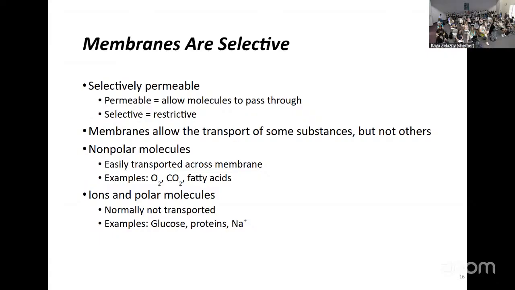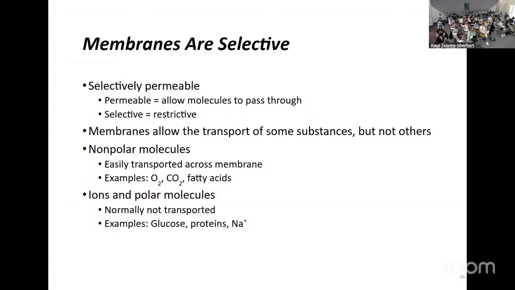But if you've got a little non-reactive, non-polar gas that's nice and small, like oxygen, like carbon dioxide, we don't actually have any problem just slipping through the phospholipids. So non-polar molecules are easily transported across the membrane. We're going to refer to that as diffusion, specifically simple diffusion.